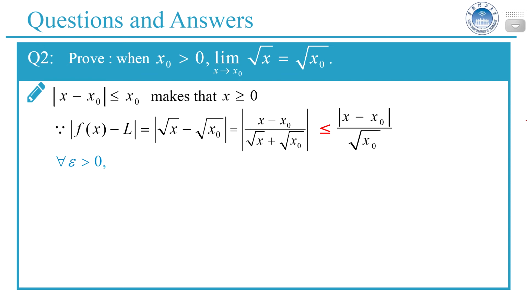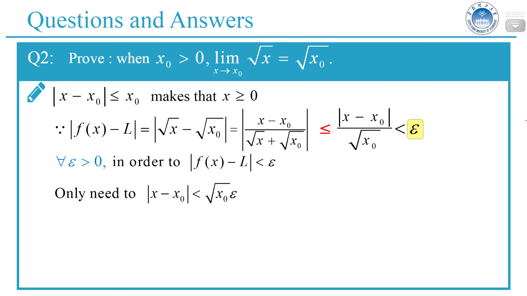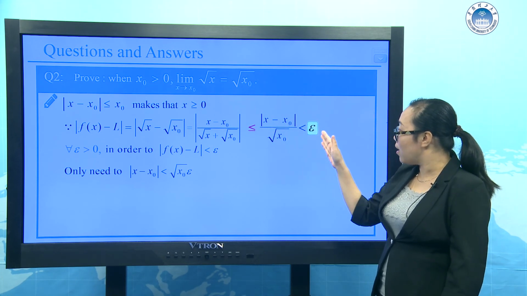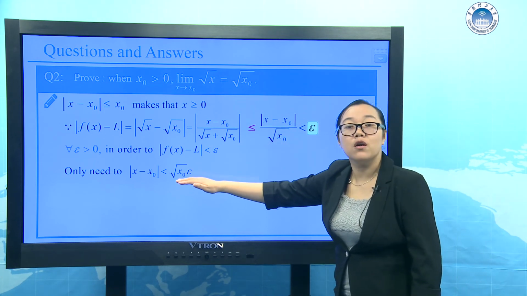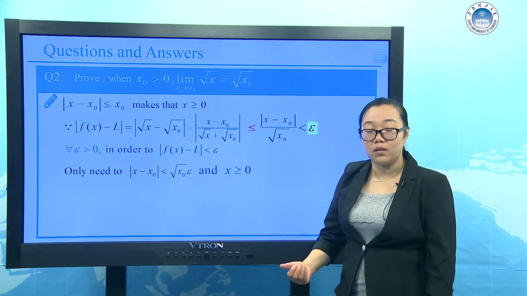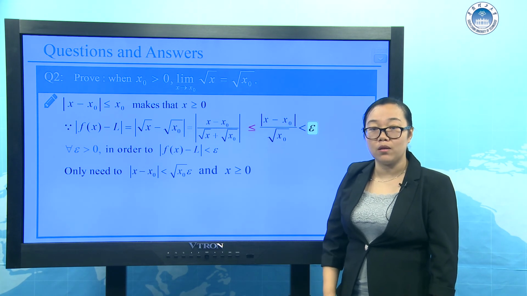For any epsilon greater than 0, in order to have |f(x) minus L| less than epsilon, we only need |x minus x0| less than epsilon times the square root of x0, and x non-negative for the mathematical meaning.